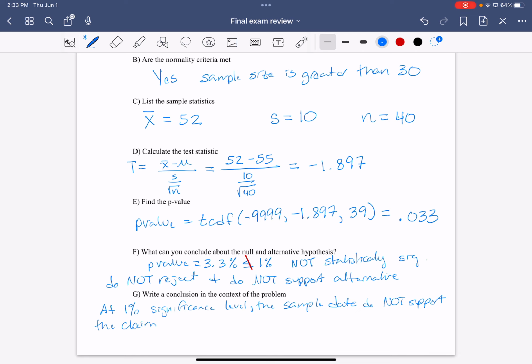Do not support the claim that the cheaper battery lifespan is shorter than the batteries currently used. So that for him, it would be worth it to switch.